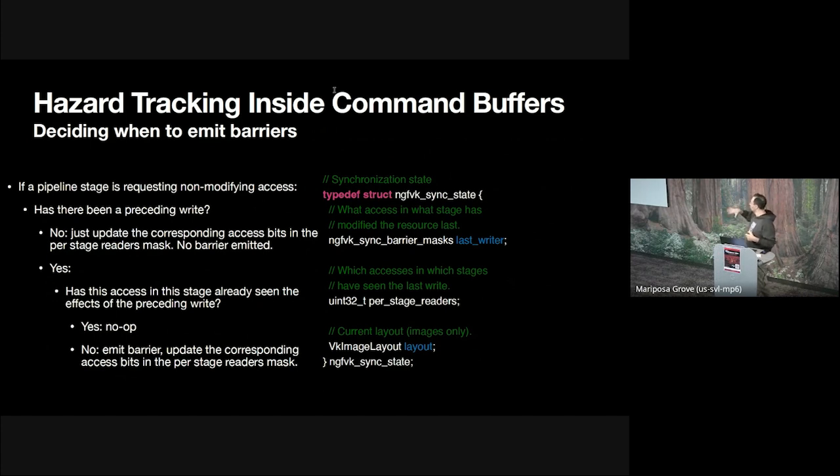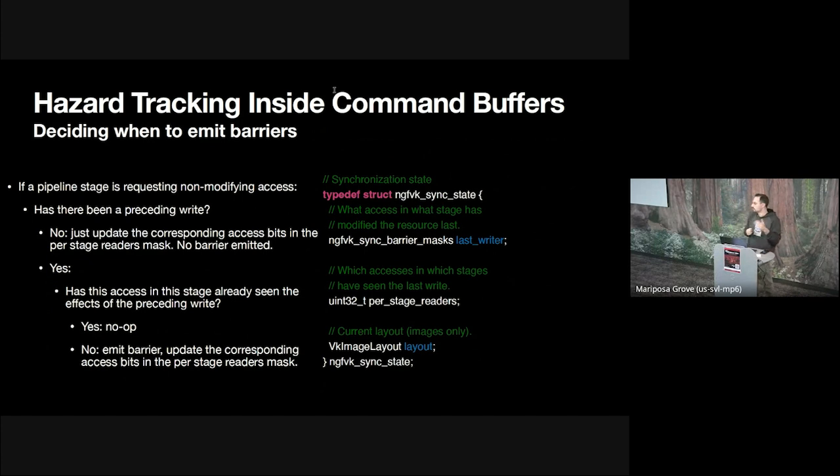So for non-modifying, for read accesses, what we want to first check is whether there had been any preceding writes to the resource. If there had been no writes, then it's fine. We don't need to emit a barrier. We do need, however, to set the relevant bits in the per stage reader's mask, the bits corresponding to the access within the pipeline stage making the request.